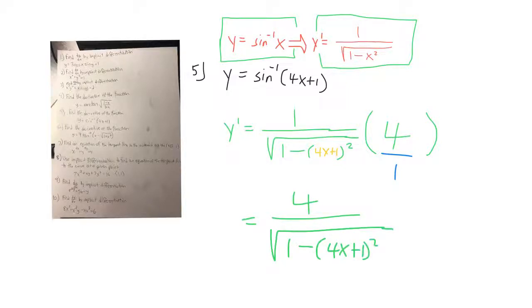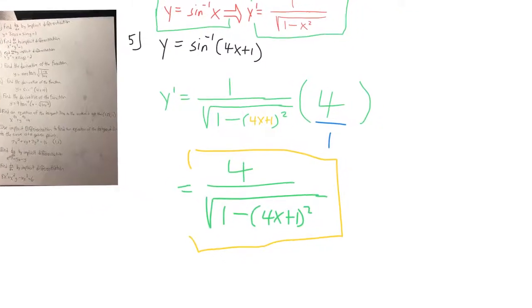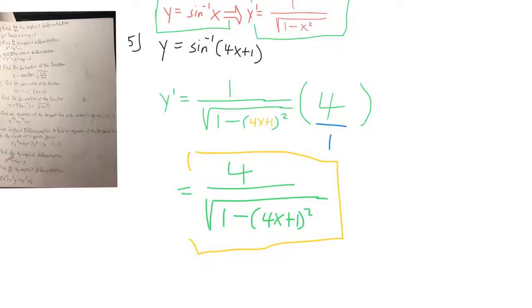Now, if we're strictly operating on the philosophy that we're not going to bother foiling stuff in the denominator, you could keep this, but I'm already kind of seeing a potential opportunity to cancel out like this 1.